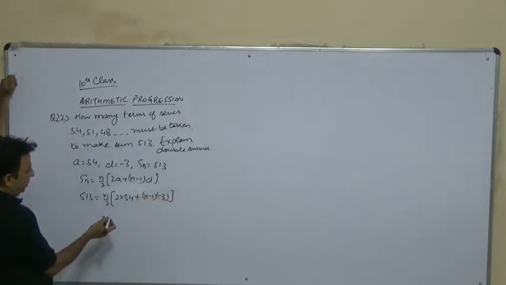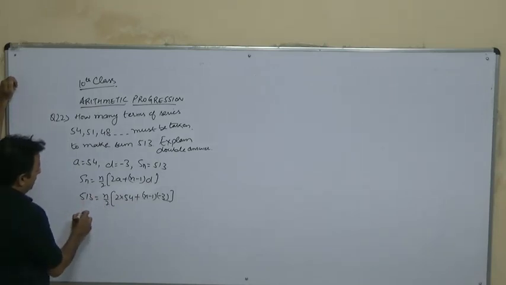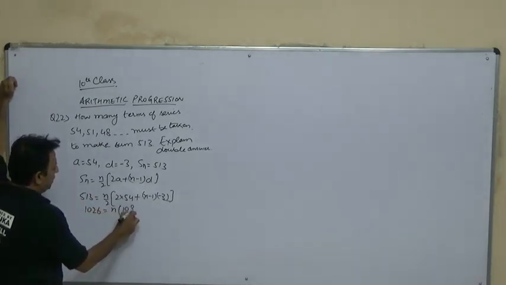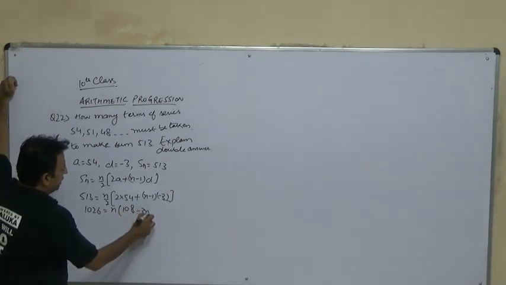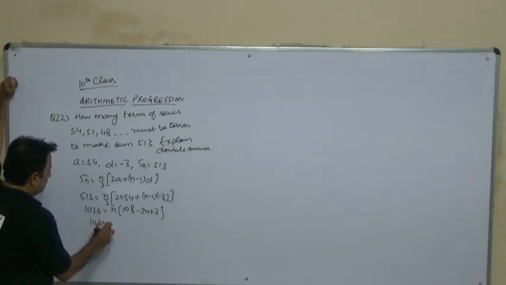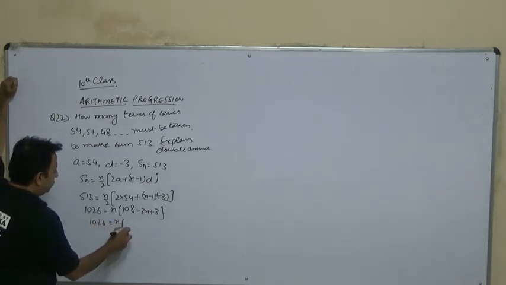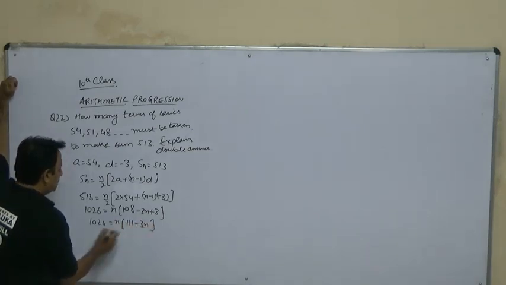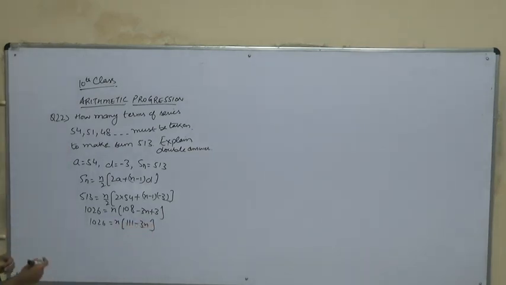So this comes 1026 is equal to n into 108 minus 3n plus 3. So this will be 1026 is equal to n into 111 minus 3n. So divide by 3, what we will get here?